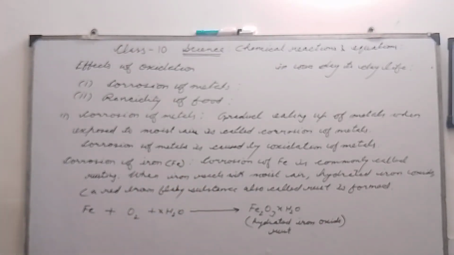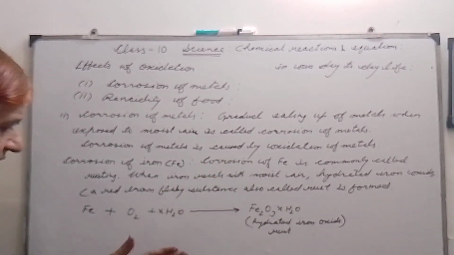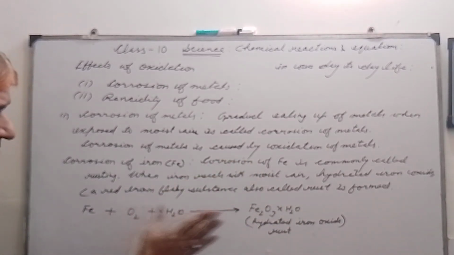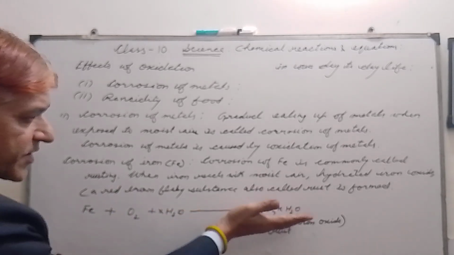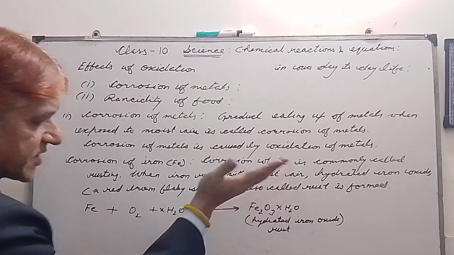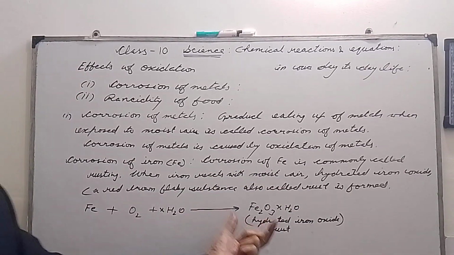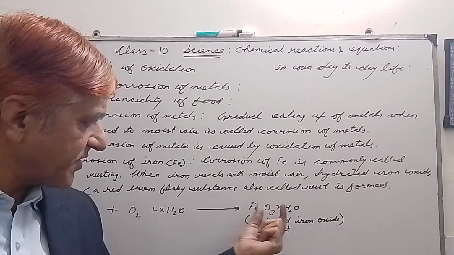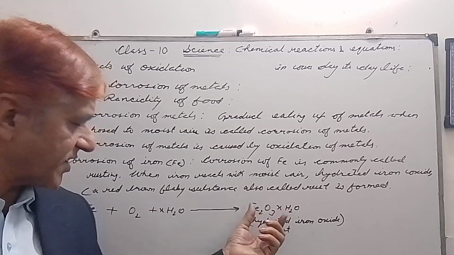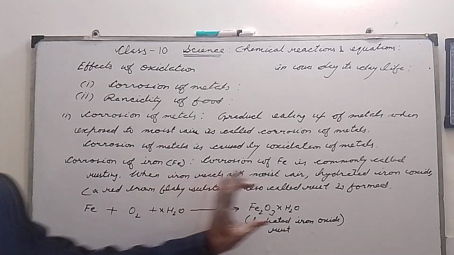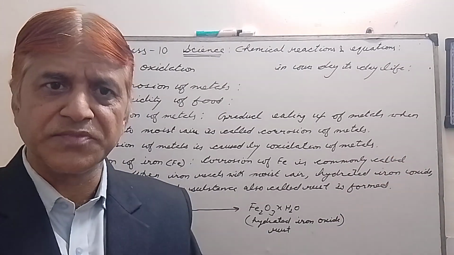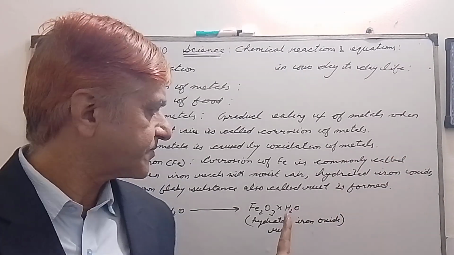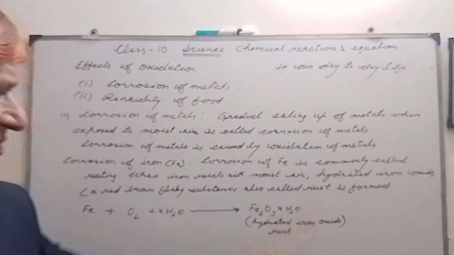This is oxidation of iron. In the reactants we have three substances, and in the product we have one substance, so this is also a combination reaction. You should practice this reaction. Write it 10 times, 20 times, so that it gets printed in your brain. So this is rust.